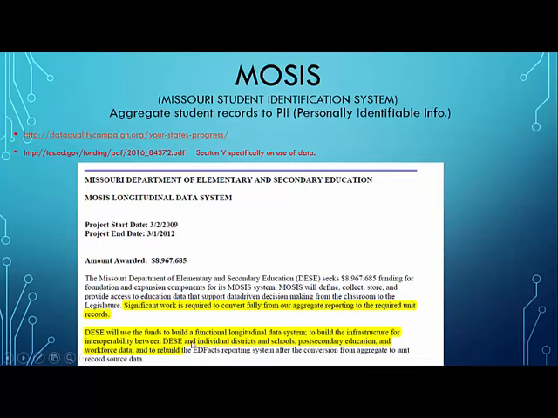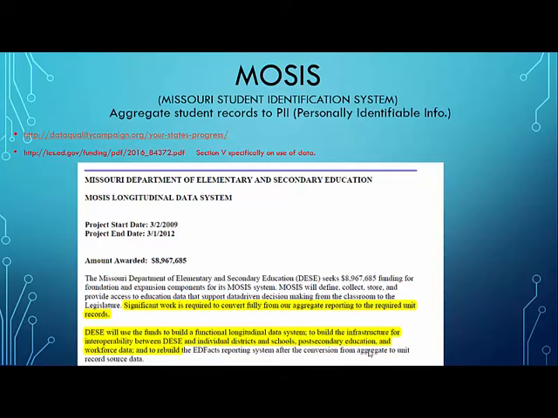And then the Department of Ed will fund the longitudinal data system, we'll talk about that more in a minute, to build the infrastructure for interoperability, or the sharing between the Department of Ed, individual school districts, schools, post-secondary ed, and workforce data. And to rebuild EDFacts, which is your federal Department of Ed reporting system, after its conversion from aggregate to unit record source data.